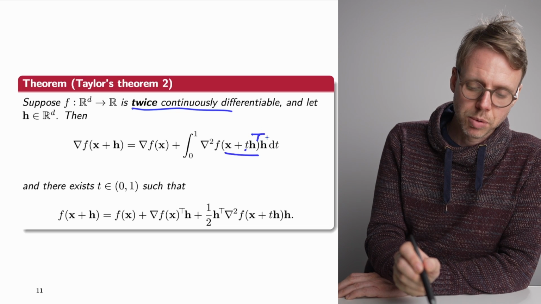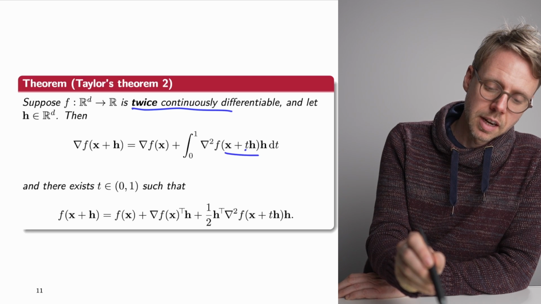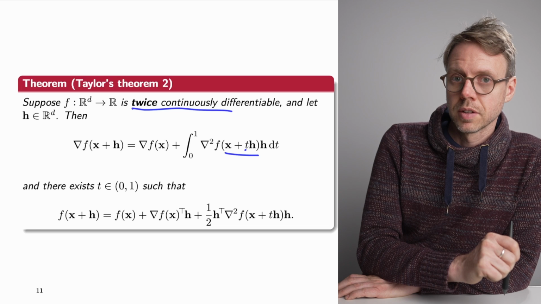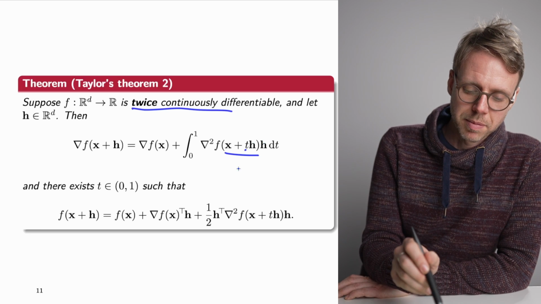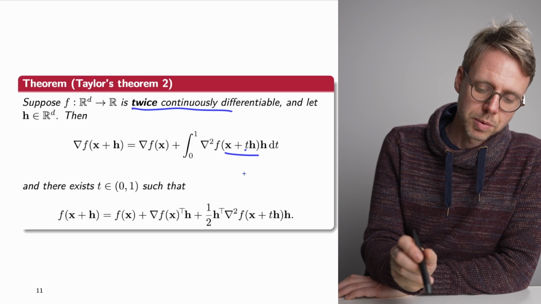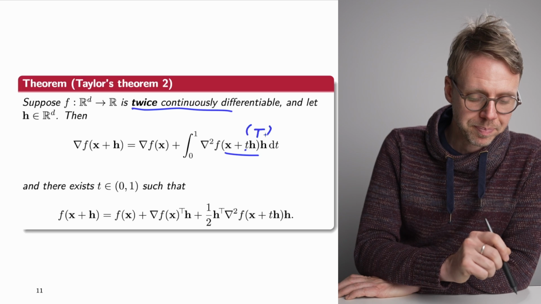Before, we actually had a transpose here. But remember that the Hessian is an n by n symmetric matrix, so the transpose yields the same thing as if we just write it as this. So we can or we cannot write the transpose here.